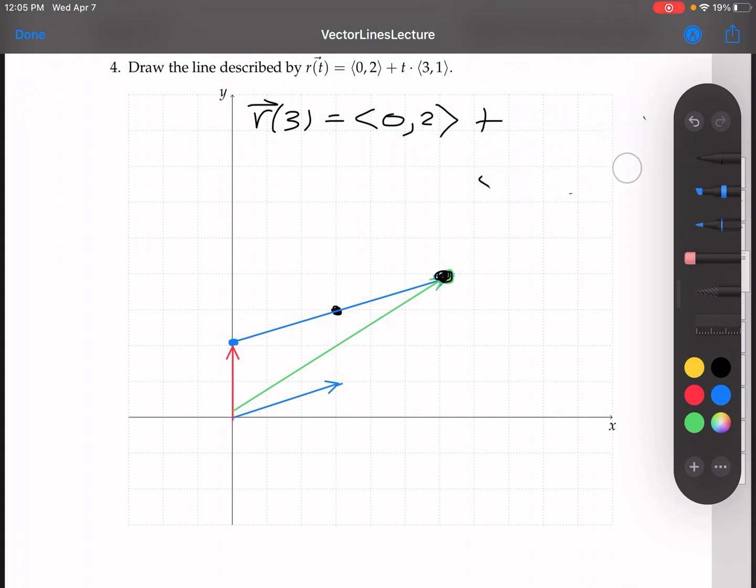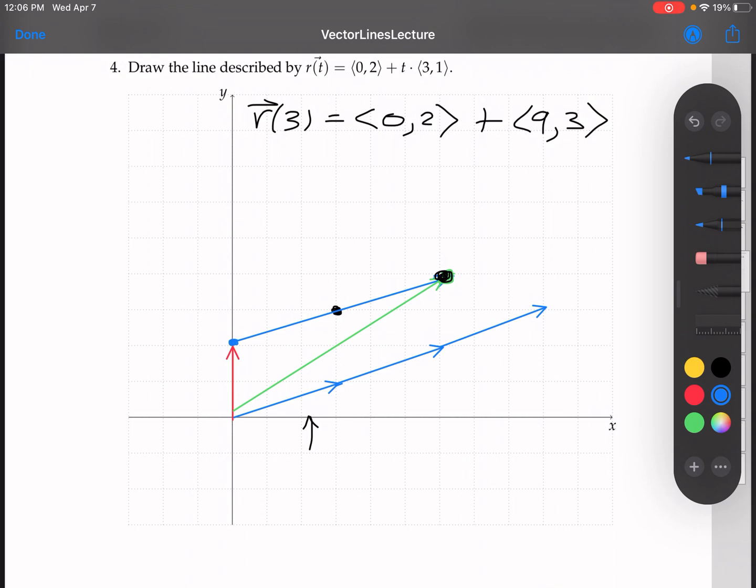So what we're going to have is 9, 3. And remember, that's just 3 times the blue, 3 times this blue vector here. So 3 times that blue vector there, that's 1 time I have there, 2 times I have there, and 3 times I have there, right?